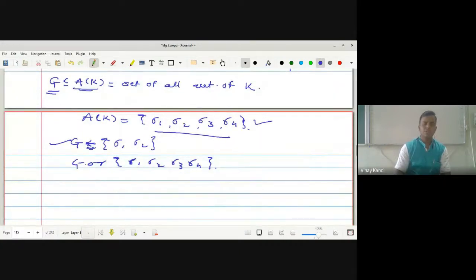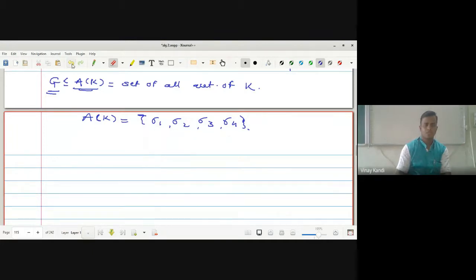Suppose these are the two elements in G, which is a subgroup of A of K. Suppose in G there are two elements, sigma 1 and sigma 2.